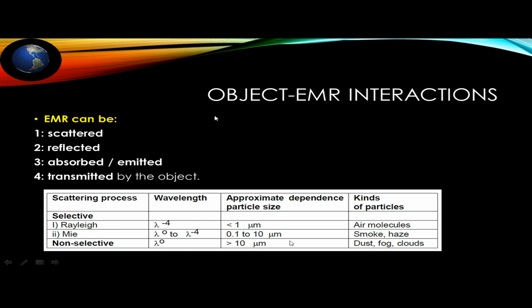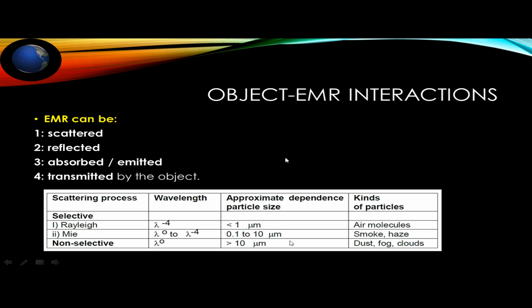It can be scattered, it can be reflected, it can be absorbed, or it can be transmitted by the object of the earth surface. Scattering can happen in two ways: selective scattering or non-selective scattering. In selective, we have one that is Rayleigh, another is Mie scattering. I will tell you what these are.